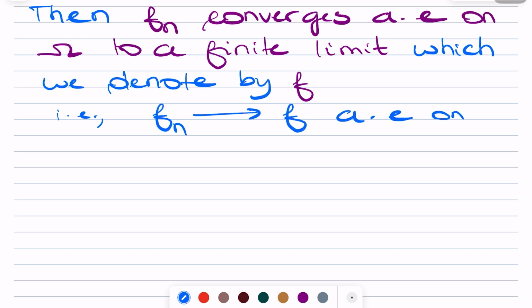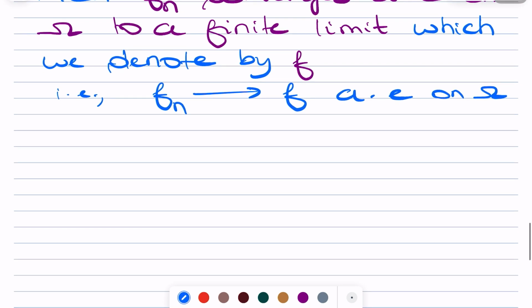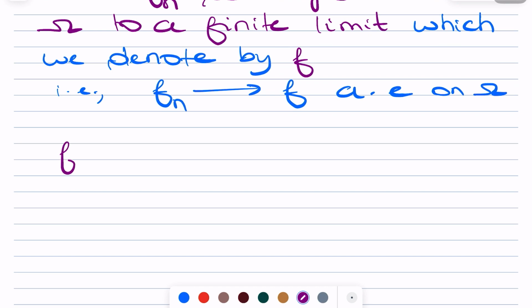Then in this case, f is in L1, and we even have strong convergence in L1. The norm of Fn minus f goes to 0.